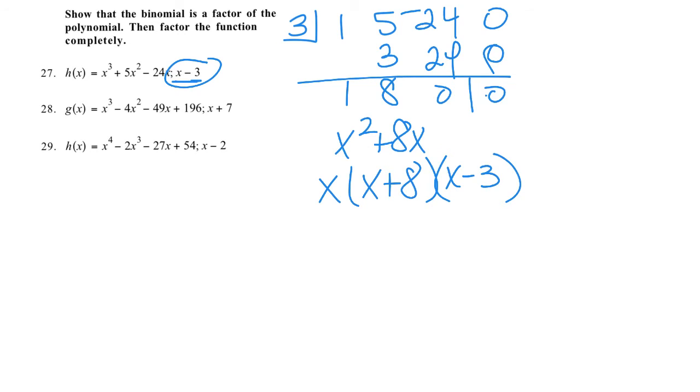And so number 28, x plus 7, so I'm going to put in a negative 7. 1, negative 4, negative 49, and 196.